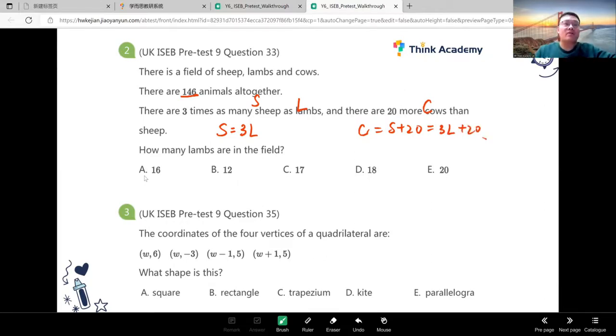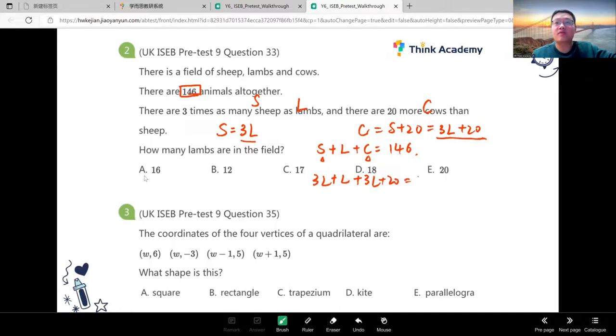And now we are ready to get the equation. In total, you got 146, right? So the number of sheep plus the number of lambs plus the number of cows equals 146. Now you can replace S and C in terms of L, which is 3L plus 1L plus 3L plus 20.